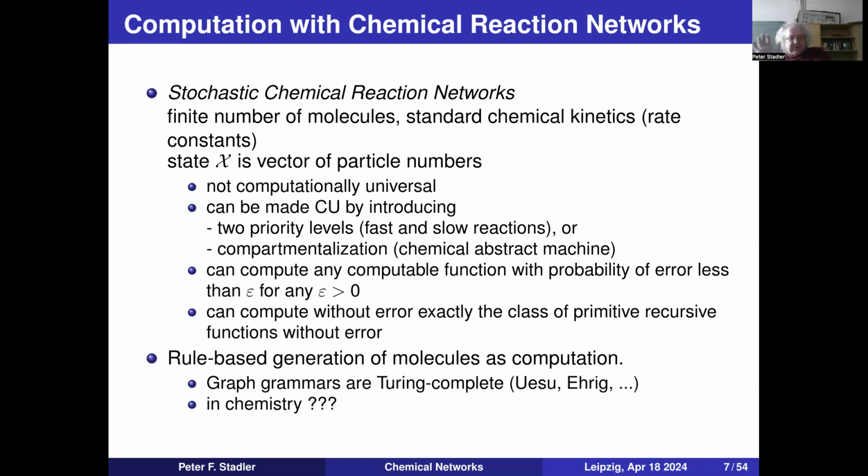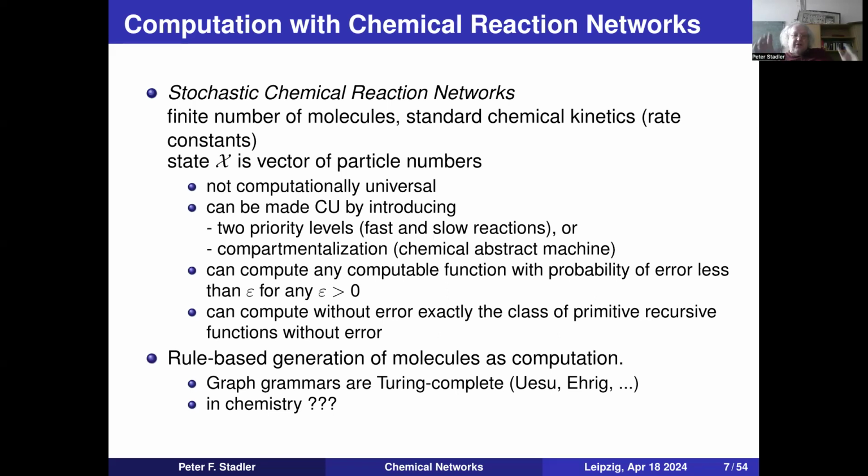And I will very much be interested in exploring these transitions between levels here. So from a computer science point of view, you can also be interested in these chemical reaction networks as a model of computation, where you can look at that in two different ways.